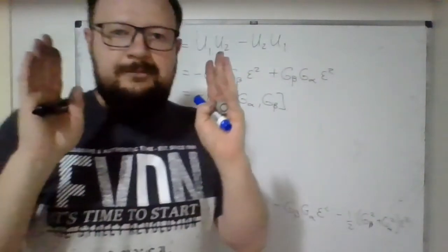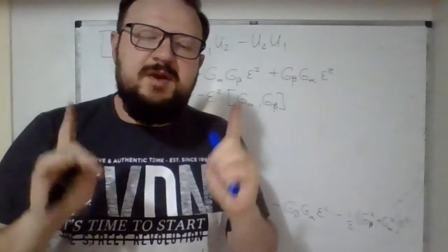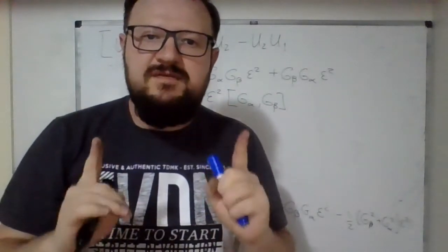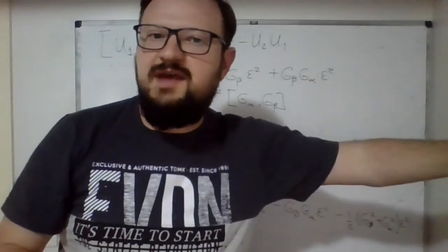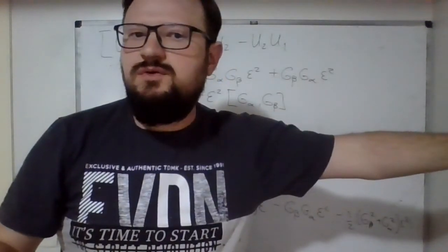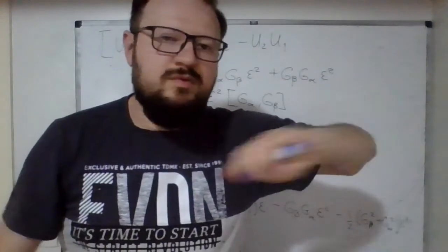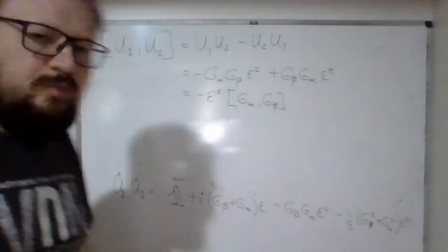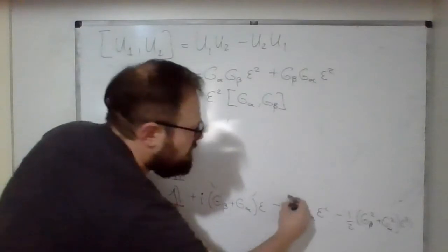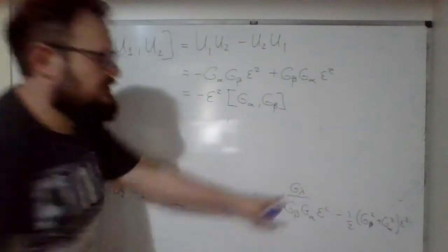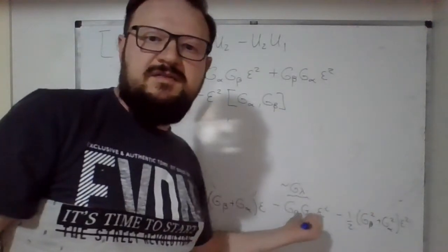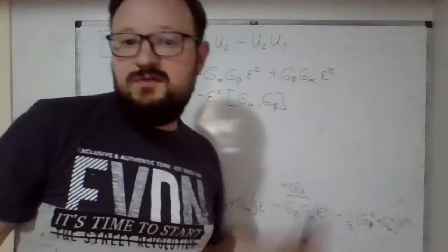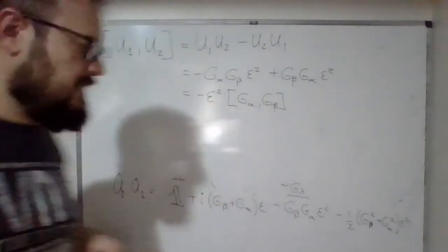So if the dimensionality of the parameter space is finite, you need to have a finite set of generators, and the product of two generators must be in the set. Otherwise, you will not satisfy all the properties of a group. So this product here must be proportional to some g lambda. You cannot have another thing which is not in the set of generators. So it can be a distinct matrix, but must be a generator, all right?